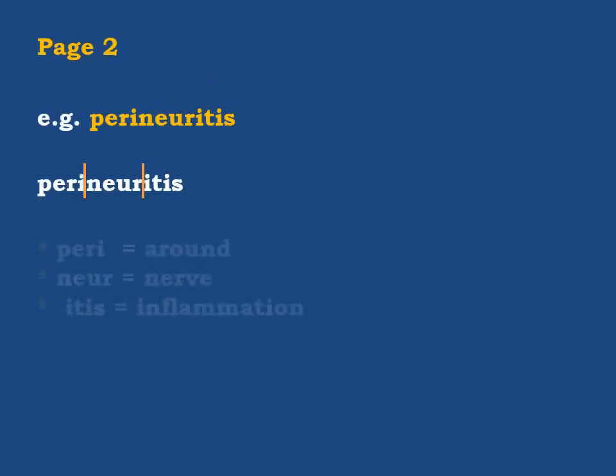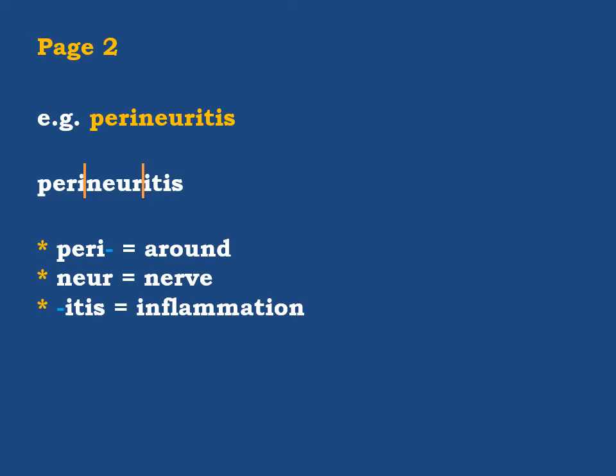Now, let's take an example here. For example, perineuritis. This is a medical term. How to know the meaning of this term? You have to break it down into its parts. As you can see, the vertical lines used to divide the word into its parts are clear.